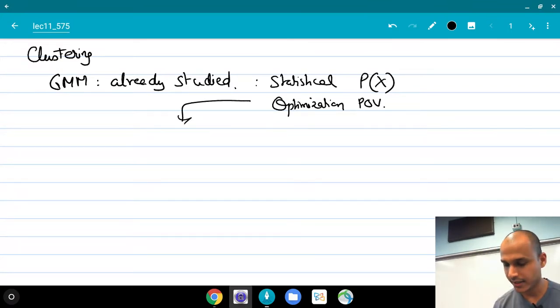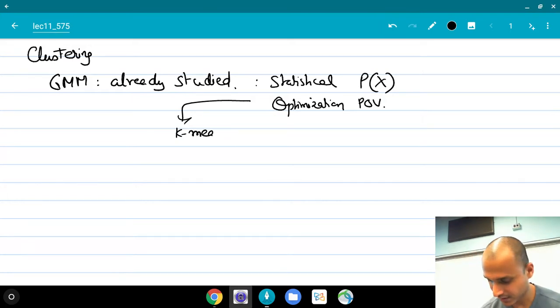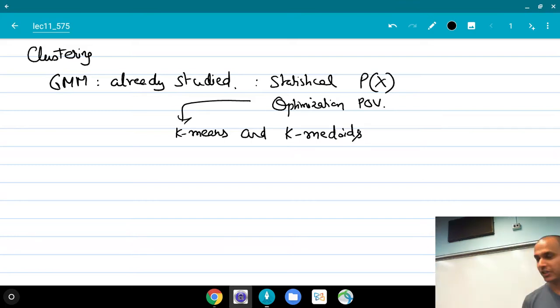And under this we'll study several things, and let's start with k nearest neighbors, oh, not k nearest neighbor, sorry, k means, and k means and k medoids. Okay, and then we'll talk about one more algorithm later, spectral clustering. But let's start with this.